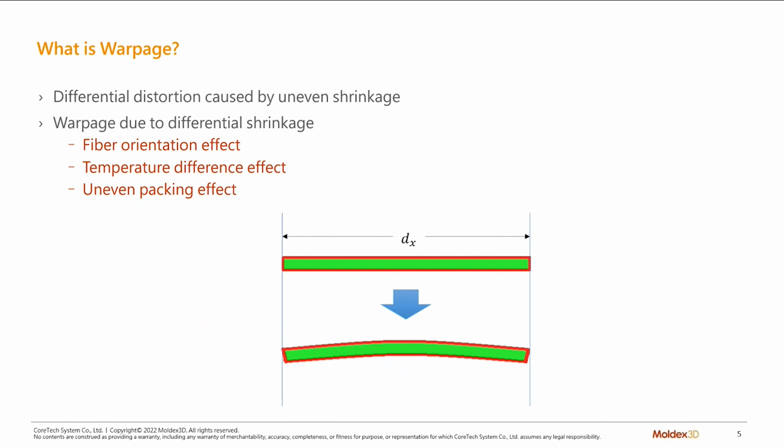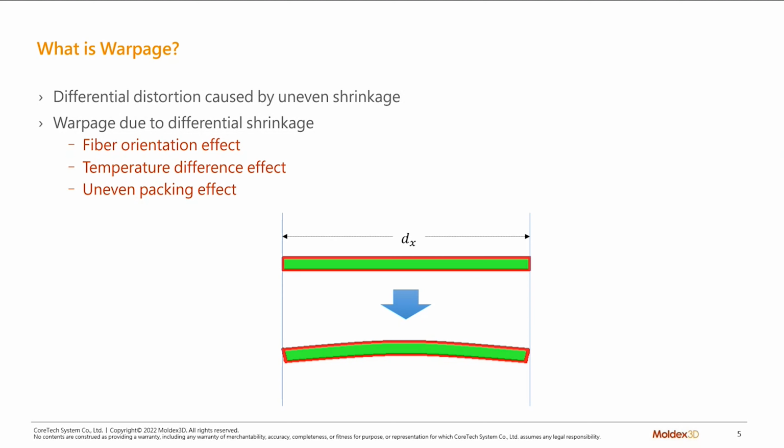So, basic understanding: what is warpage? As we all know, differential distortion caused by uneven shrinkage, or differential shrinkage, can be termed as warpage, and various factors can come into play in causing warpage in a given part.